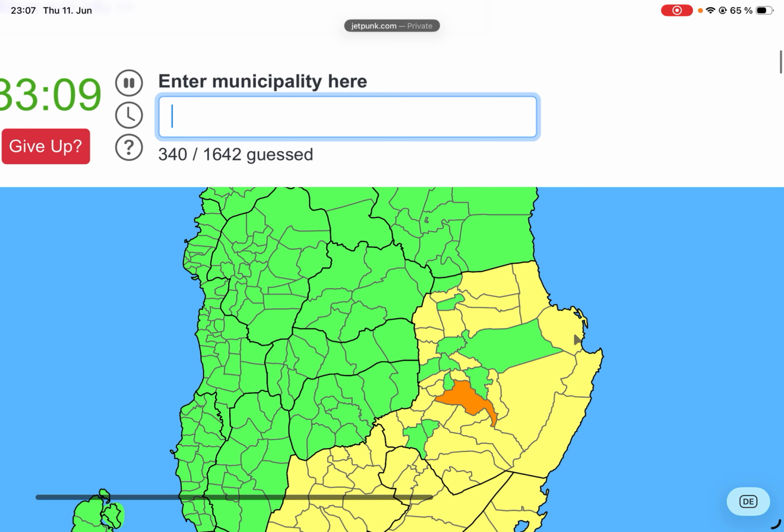So then we have the municipalities of Divilacan, we have Dinapigue, we have Palanan, we have this big one here, which is San Mariano, we have Benito Soliven, we have Kawayan.